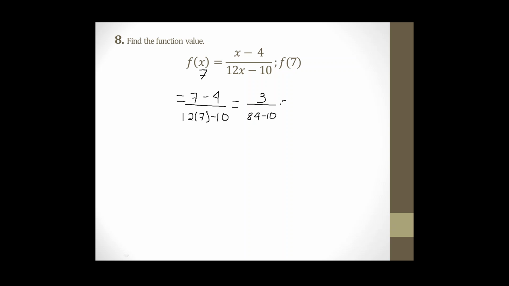So now I have 3 over 74 as my final answer, meaning that when x is 7, y is 3 over 74. And that is answer choice B on your packet.